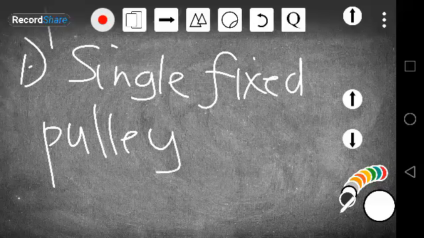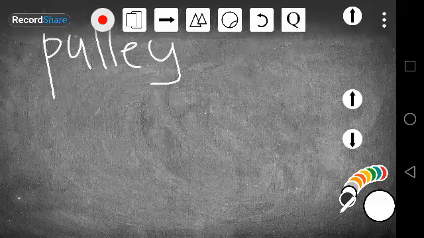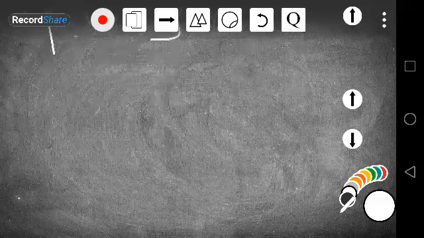Now, for a single fixed pulley, it is something like this.